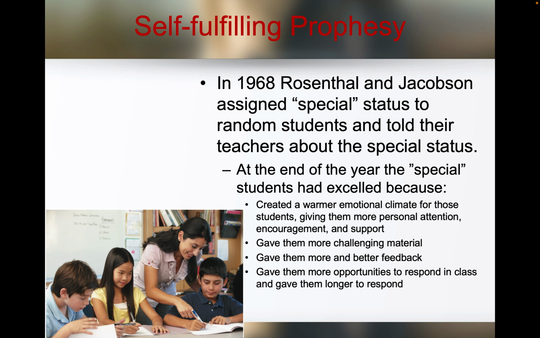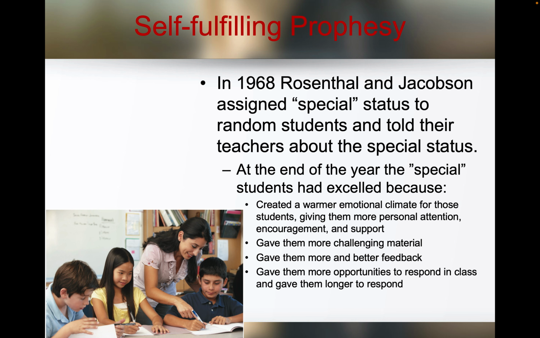Rosenthal and Jacobson did this experiment, and they randomly selected these kids, but the ones that they treated better, of course, did better in school, and the ones that were treated like second-class students did worse. They didn't do nearly as well.